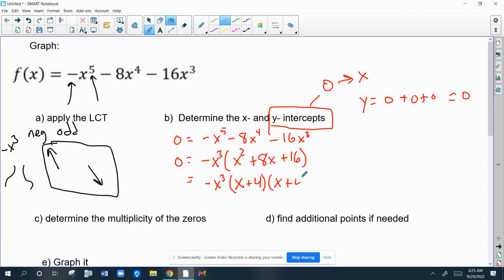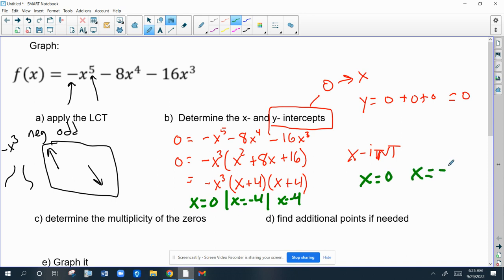My x-intercepts are the solutions to this using the zero product property: x equals 0, x equals negative 4, and x equals negative 4 again. So my x-intercepts are x equals 0 and x equals negative 4. Those are also zeros.